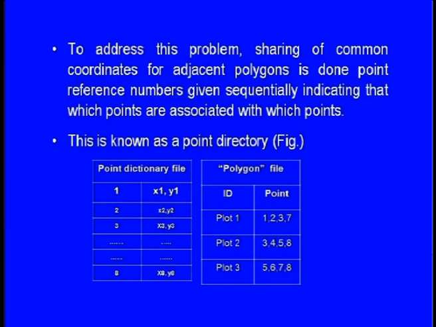So, under ID we will have plot 1, and along with this under the point column we will indicate points 1, 2, 3 and 7 to form this particular plot. Similarly, plot 2 would be represented by the points 3, 4, 5 and 8 and plot 3 would be represented by points 5, 6, 7 and 8.